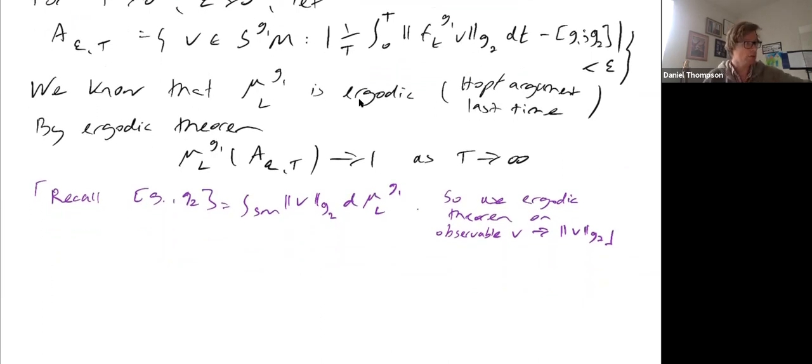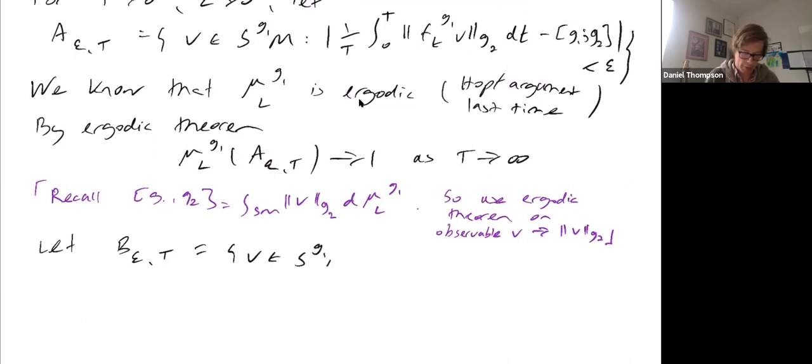All right. I'm now going to define a set B epsilon t, which is going to be the set of V in SG1M, the unit tangent bundle with respect to G1. And this is going to have some kind of recurrence property.